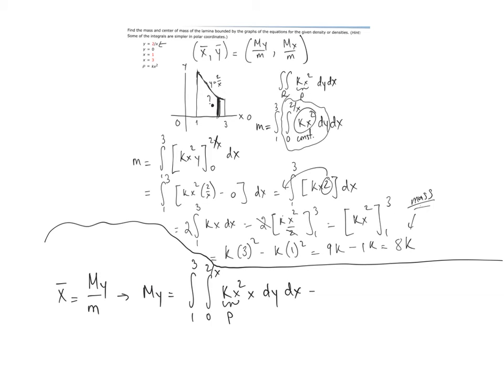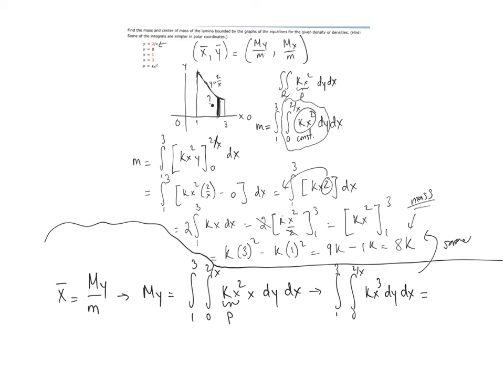Now this will become the integral from 1 to 3, integral from 0 to 2 over x, of k x cubed dy dx. It's the same way you evaluate your mass.